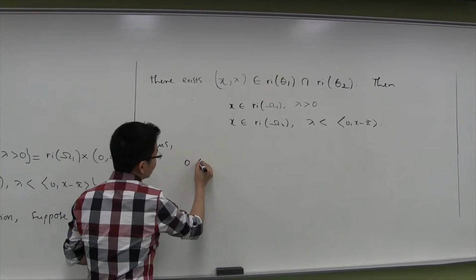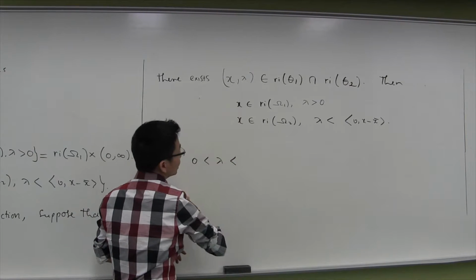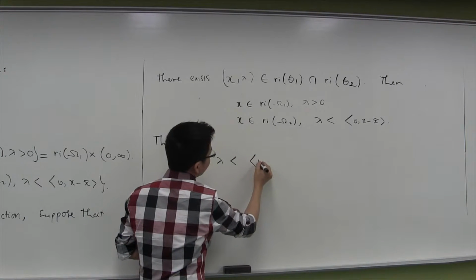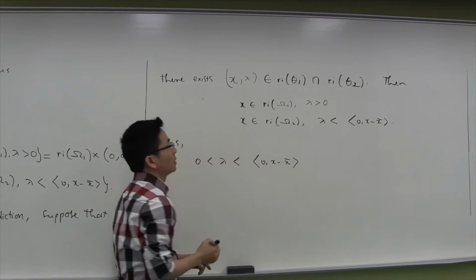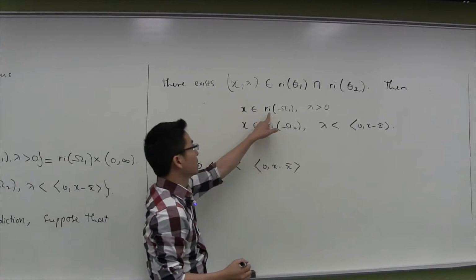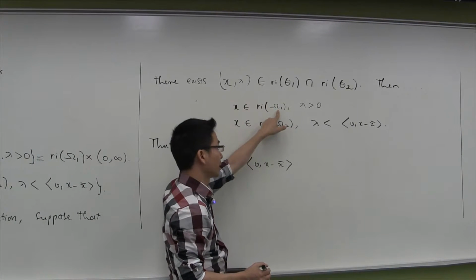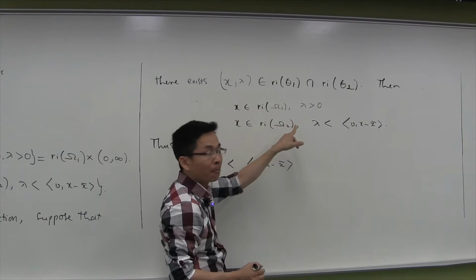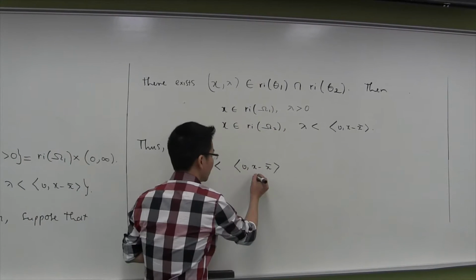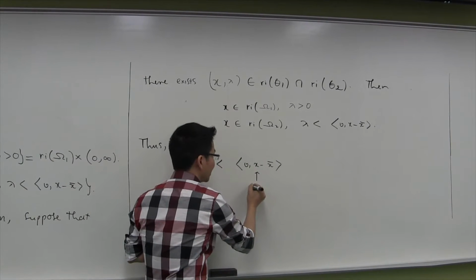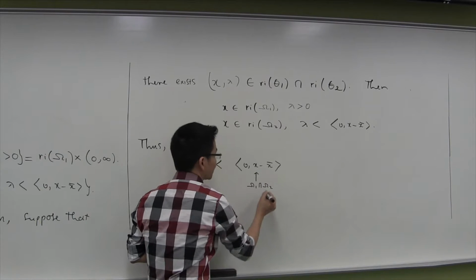0 will be strictly less than lambda, and lambda is strictly less than the inner product of v and x minus x bar. Note that this element x belongs to the relative interior of omega 1, so it is in omega 1, and similarly x is also in omega 2, so x will be in the intersection of omega 1 and omega 2.